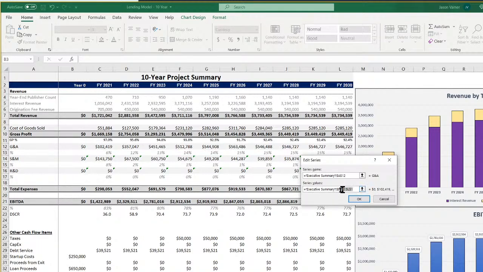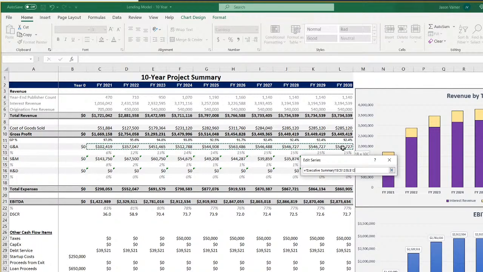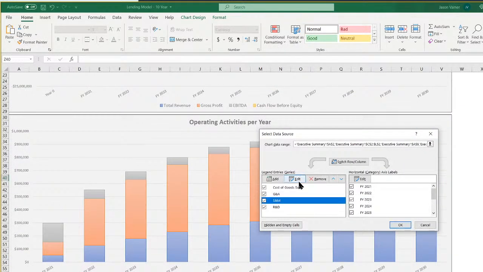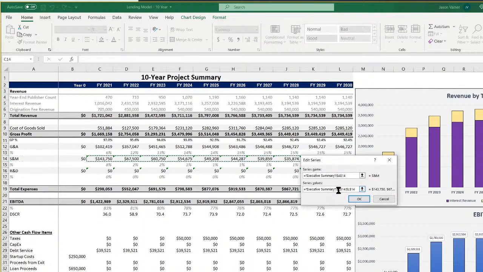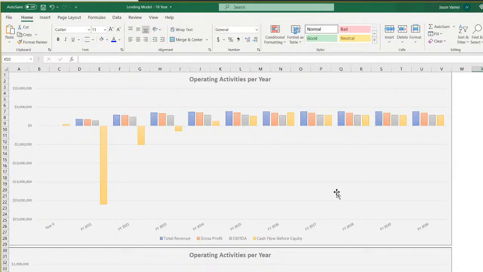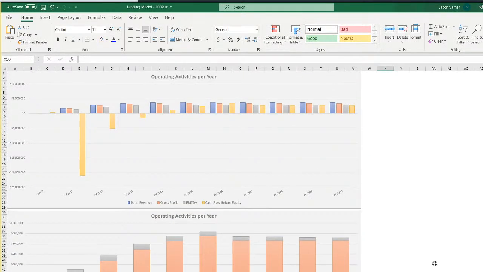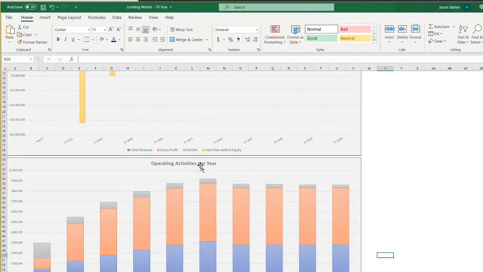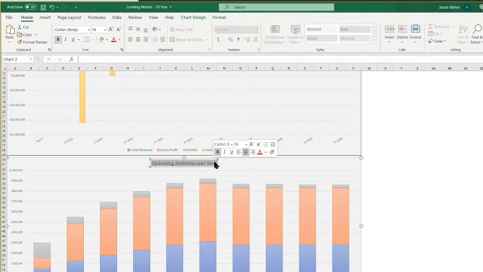We don't need to go all the way over. This just needs to be this. Formatting is such, yeah, okay, now perfect. We'll zoom out on this a little bit. So we got operating activities, we have operating costs.